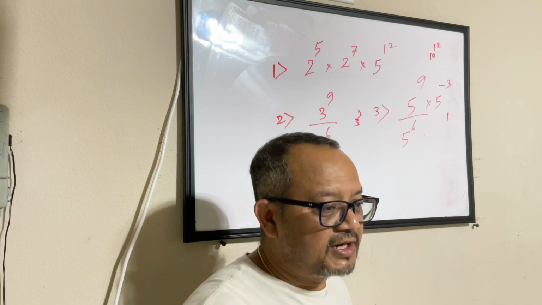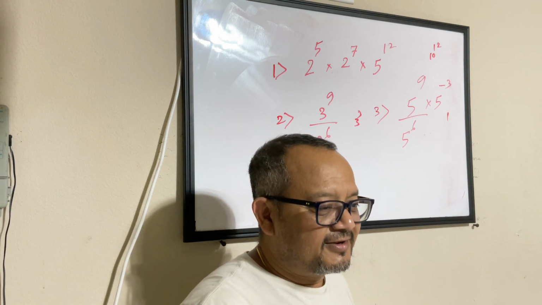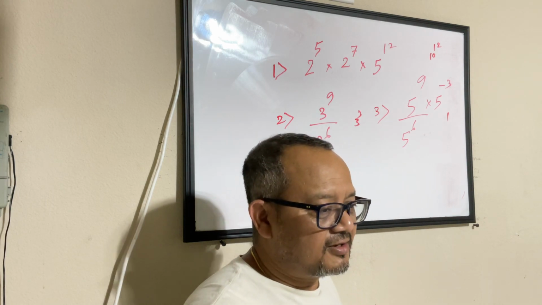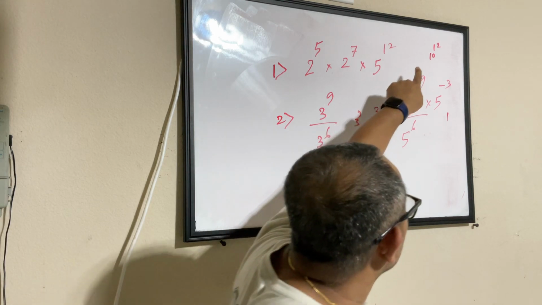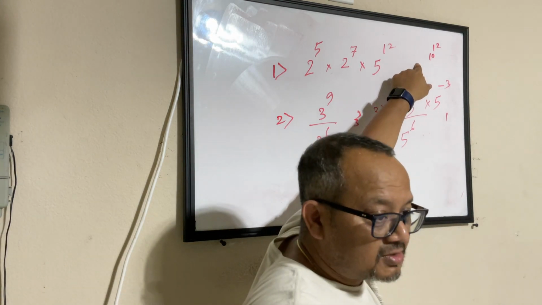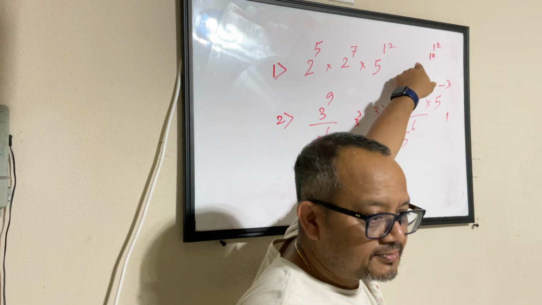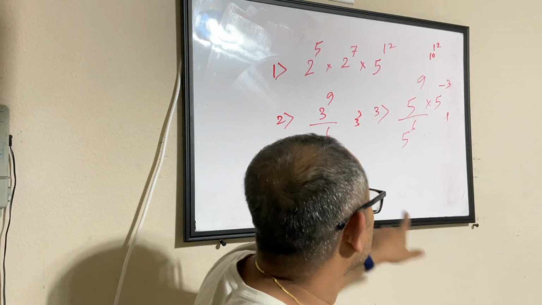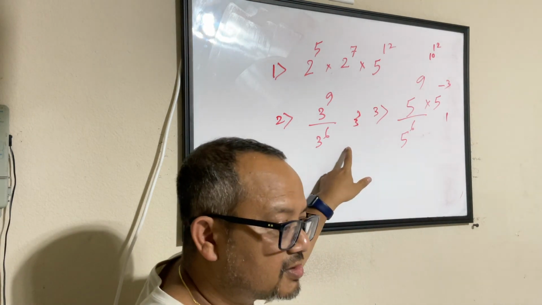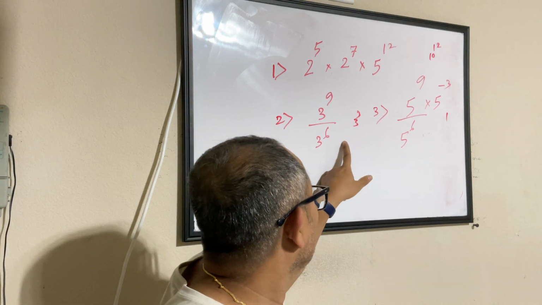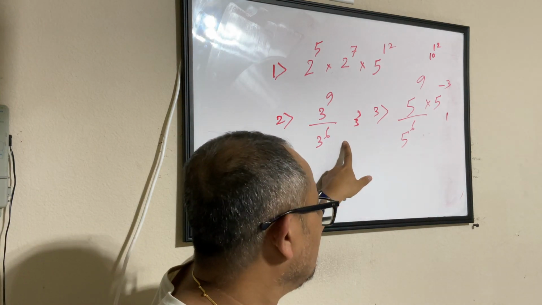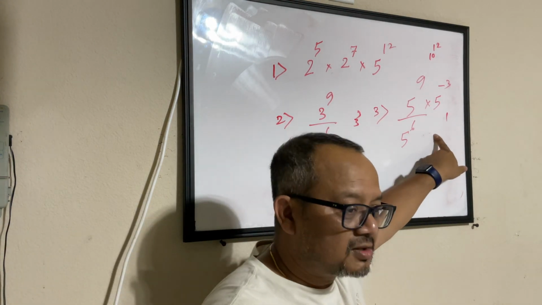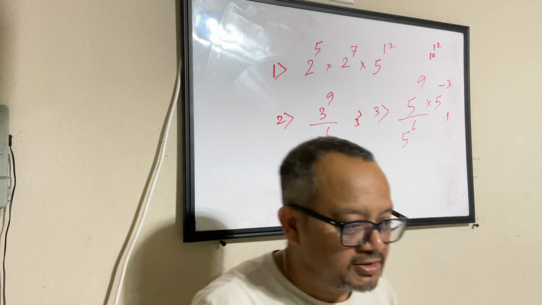Unmute yourself and then tell me the answer. For the first one, I got 10 to the power 12. And then here I got 3 to the power of 3. And then this one I got 1.